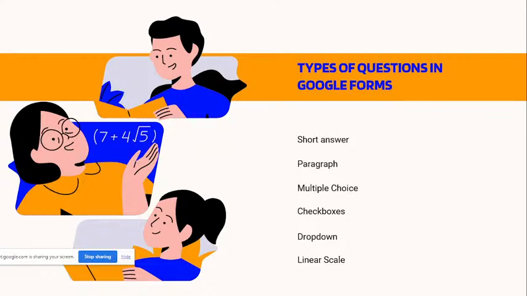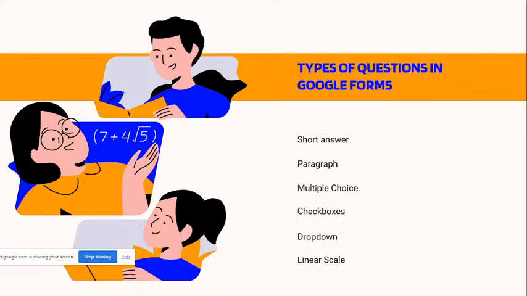Okay, thank you. So the next question type is the paragraph. In the paragraph question type, the questions asked require a long answer. For example, when you're applying for a scholarship or a training like this, they'll ask you, why do you want to apply for this training, or why do you think you deserve this scholarship?